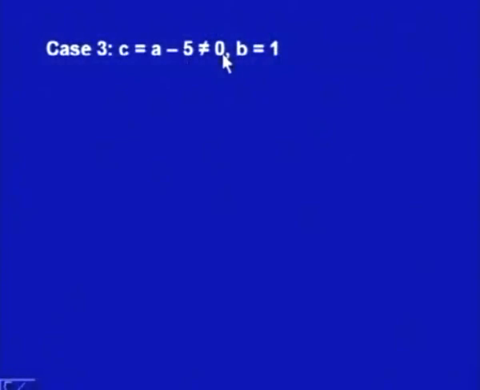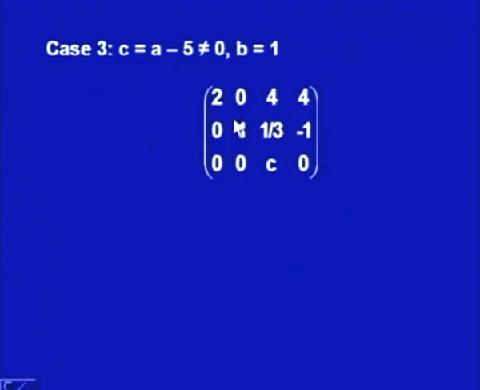Now in the third case, if I consider c equal to a minus 5, which is not 0, and b equal to 1, then the augmented matrix will look like this. Now in the third row we have c, which is not 0, and that means this 3 by 3 matrix A has a non-zero determinant, or the rank of matrix A is 3.